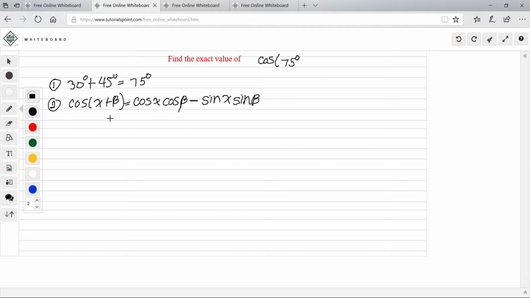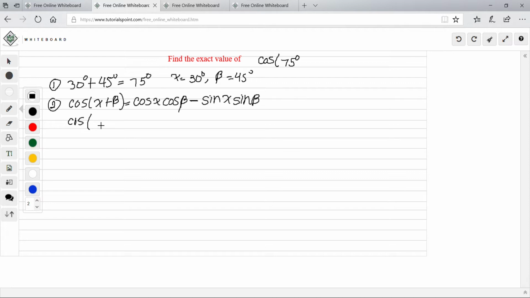Now we just have to plug in. We'll call alpha 30 degrees, and we'll call beta 45 degrees. So just plug it in.